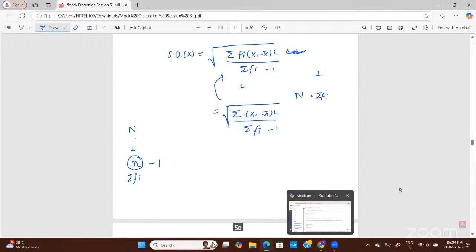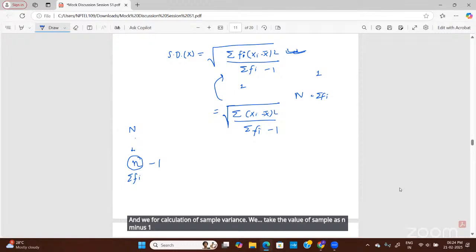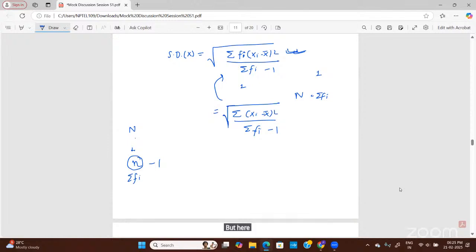So actually, ma'am, when the frequency is 1 for each of the observations, and for calculation of sample variance we take n minus 1, then basically we are removing one case for calculation of variance or standard deviation. But if the frequency is more than 1 for each case, and we are still just deducting one out of the total numbers, then the removal of one case will not happen.